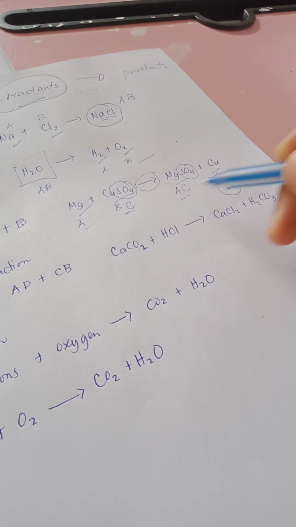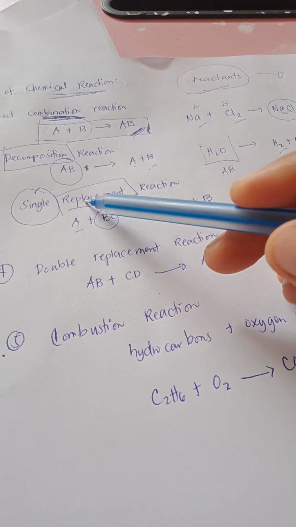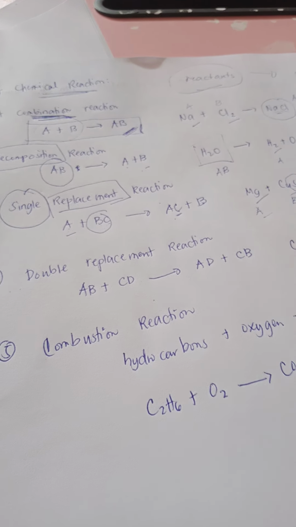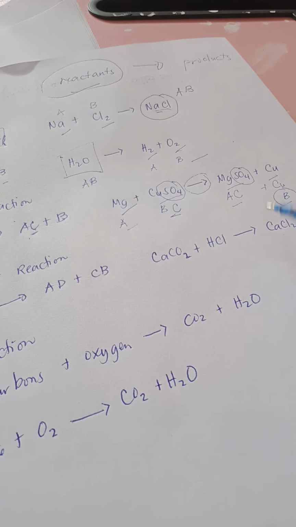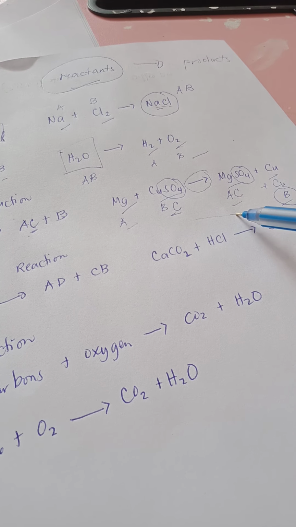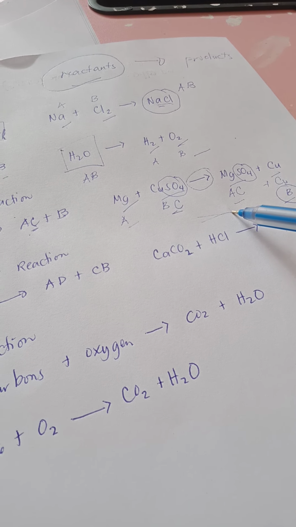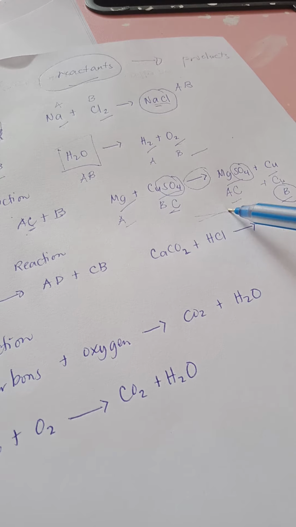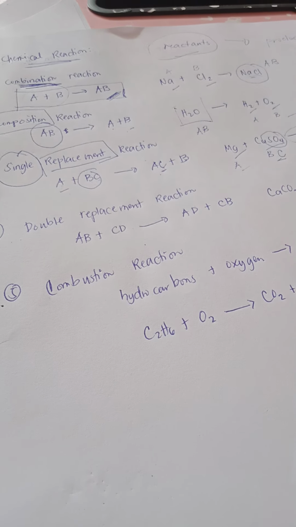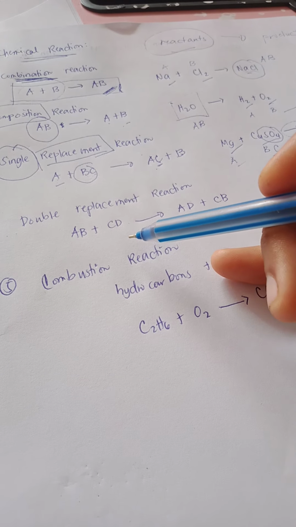So, naging AC plus B na siya. So, that will be your single replacement reaction. So, again, a trend like this will help you determine that you are given a single replacement reaction.